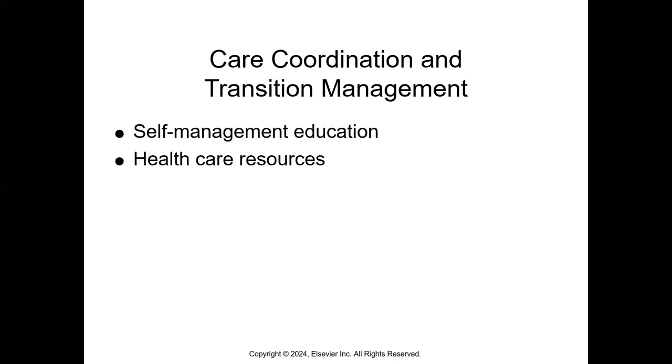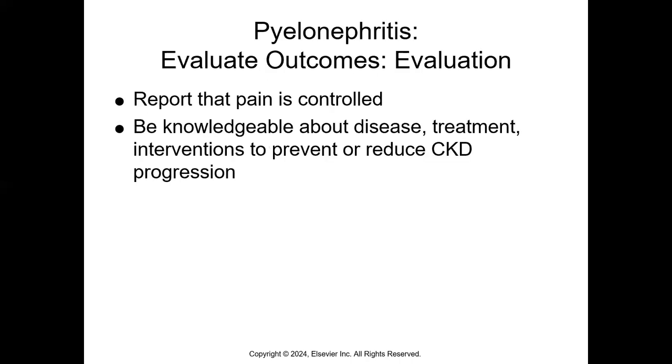Need to make sure that the patient has rest periods. We need to cluster our care because kidney disease takes a lot out of patients. If they've been prescribed antibiotics, make sure they're taking all their antibiotics. And they may need help with home health care through nurses or aides, and also assistance with housekeeping.